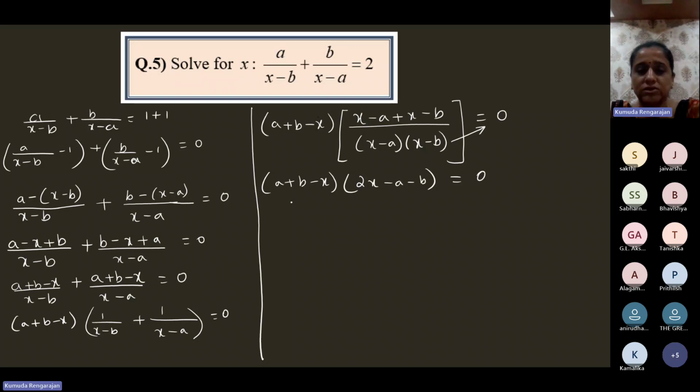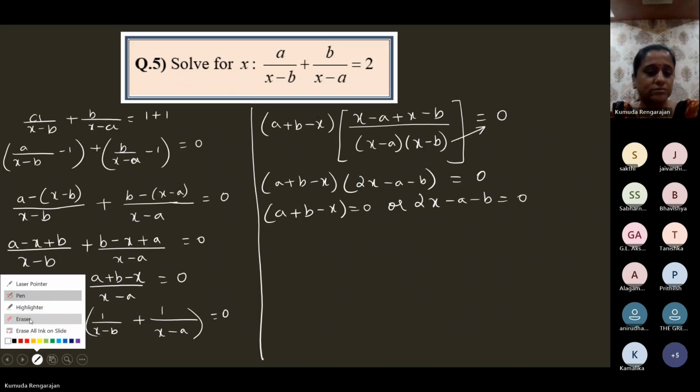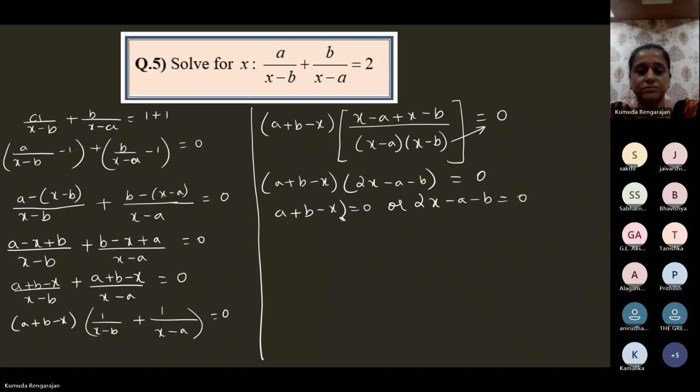So now the product is 0, which means a plus b minus x is equal to 0, or 2x minus a minus b is equal to 0. Now we are solving for x. So we need to have the x terms on one side. There's only one x term, this minus x is equal to, take a and b to the other side, minus a minus b.